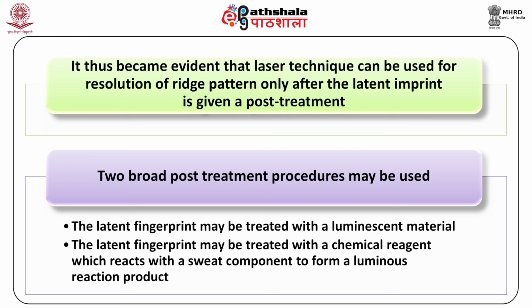Two broad post-treatment procedures may be used. Number 1, the latent fingerprint may be treated with a luminescent material. Number 2, the latent fingerprint may be treated with a chemical reagent which reacts with a sweat component to form a luminous reaction product.